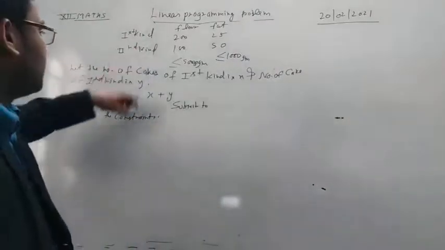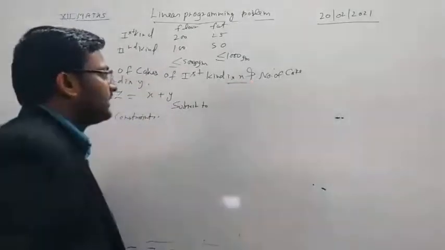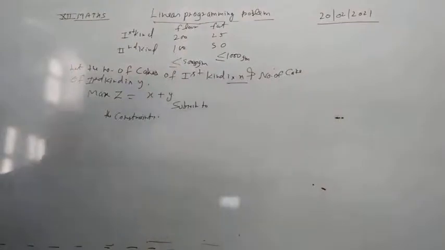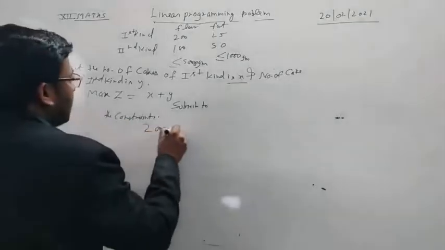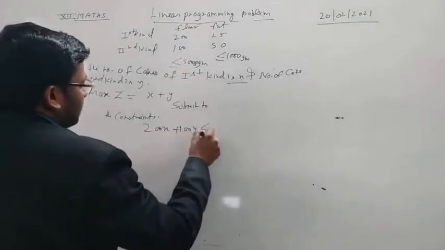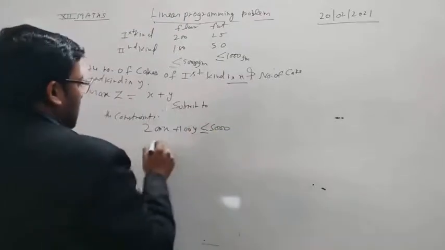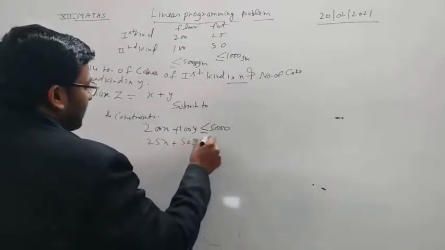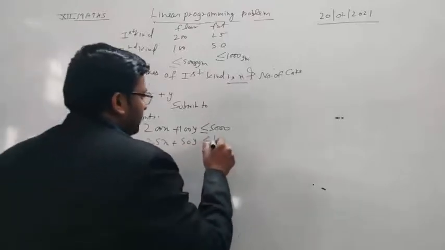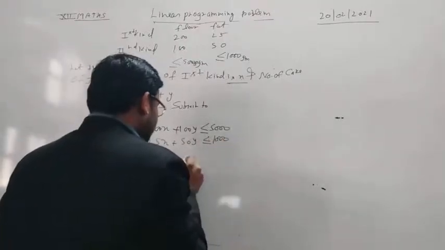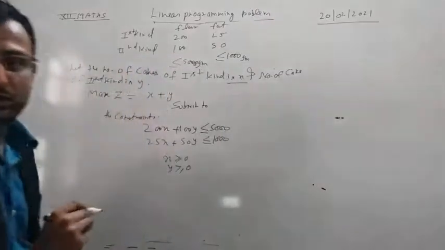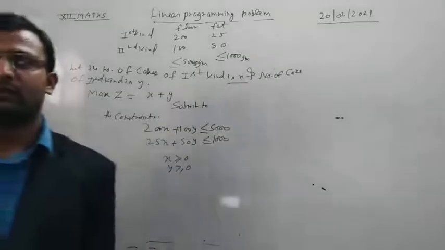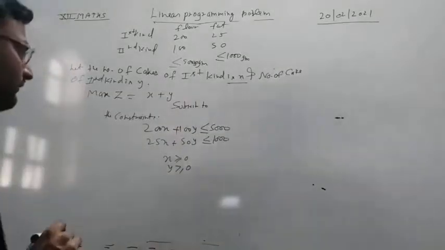So 200x plus 100y is less than or equal to 5000, and 25x plus 50y is less than or equal to 1000, and x is greater than 0, y is greater than 0. This is our inequality with the help of which we find the solution.